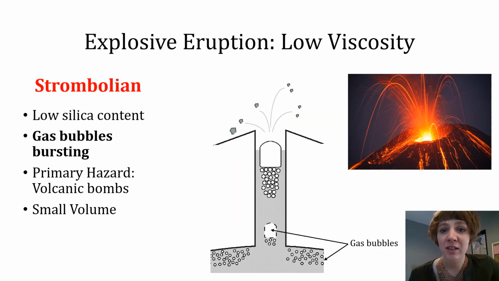It is believed that these low viscosity magmas enable gas bubbles to move up through the magma, expanding as they do so, getting bigger as they rise closer to the surface. And eventually, these bubbles are going to burst at the surface, shooting out these globs of lava.